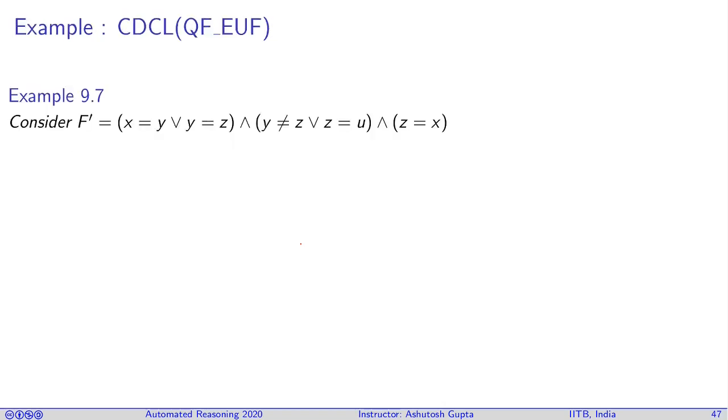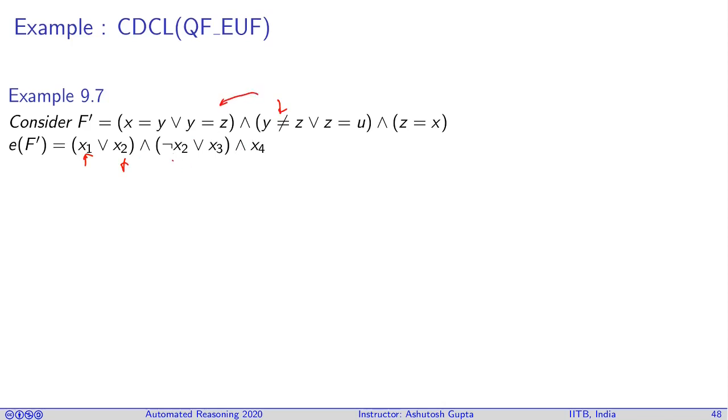Let's look at an example. This is an example for the overall CDCL algorithm. Consider f prime. It has three clauses. First we do the Boolean encoding. What is the Boolean encoding? You have x1 here, x2 here, and this is a negation of this literal.